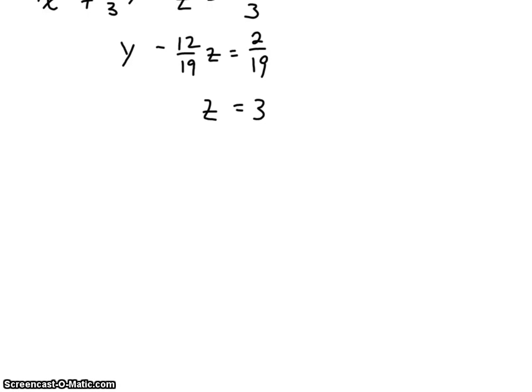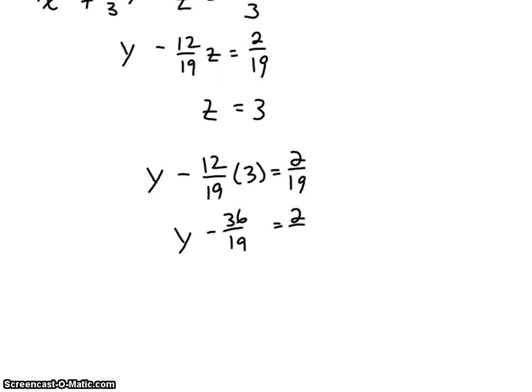So we're going to substitute 3 in the equation right above it. And we get y minus 36 over 19 equal to 2 over 19. We will add 36 over 19 to both sides, and we get 38 over 19. We'll simplify, and we get y equals 2.